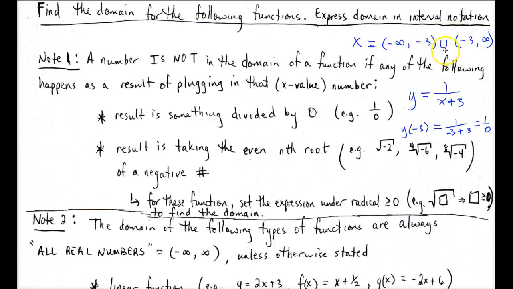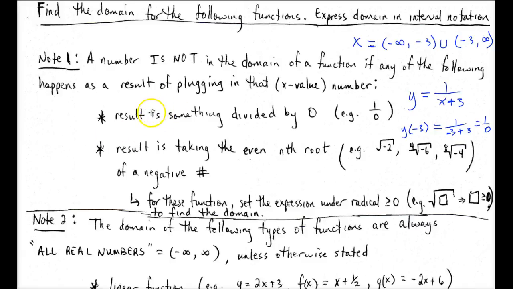And this union here says that I can pick all the numbers from -infinity to -3, not including -3, or, because that's what the union means, I can pick anything that's greater than -3, but I can't pick actually -3, okay?